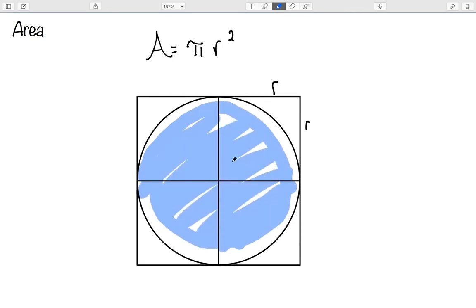We can see that we have 3, definitely, and then this one we might be able to use to fill in some of these open areas. It turns out how many squares it would take is exactly pi. It's exactly 3.14159, etc. And so this can give us an idea of where this formula pi r squared comes from.